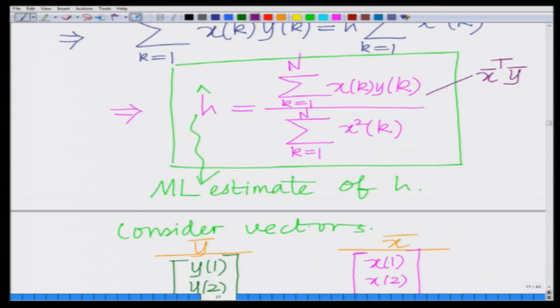You can see this is the denominator, x bar transpose x bar.